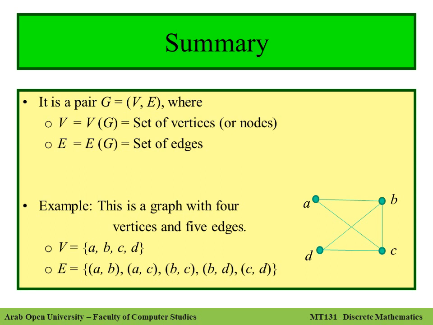The vertices are labeled, and each edge in this graph connects two separate vertices. But here are the two sets. That's what defines the graph: the set of vertices and the set of edges.